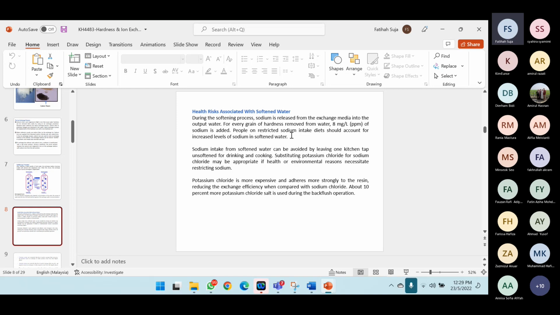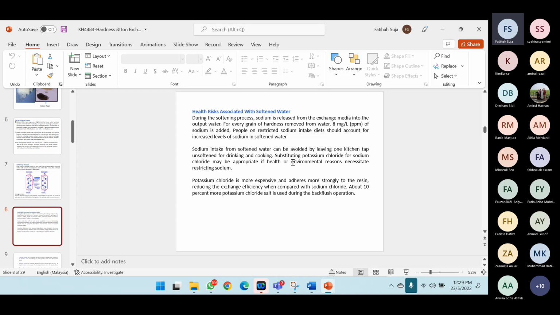People on restricted sodium intake diets should account for increased levels of sodium in softened water. It is a problem sometimes, because after you regenerate, you will get treated water with lots of sodium content.